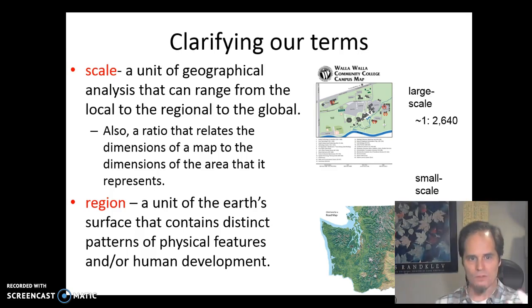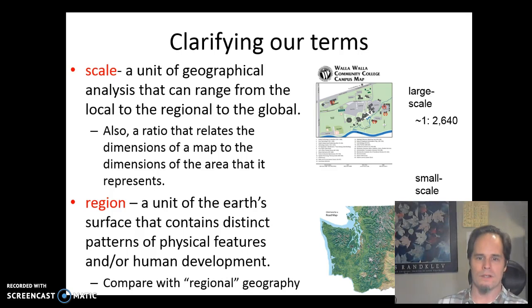So the term region is one that oftentimes hinges upon what scale we're talking about. Are we talking about a large-scale region, or are we talking about a small-scale region? We didn't get to this in class today, but had we gotten to it, I would have had you come out and attempt the following activity. But first, let's just say our course and its title, World Regional Geography, we are actually engaging in a small-scale use of the term region.